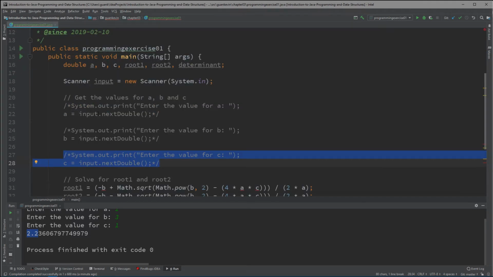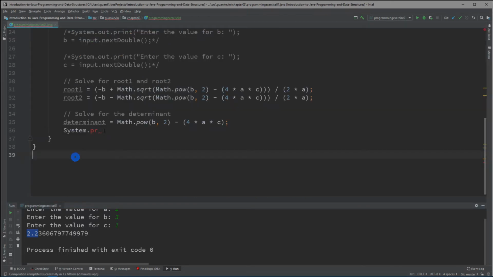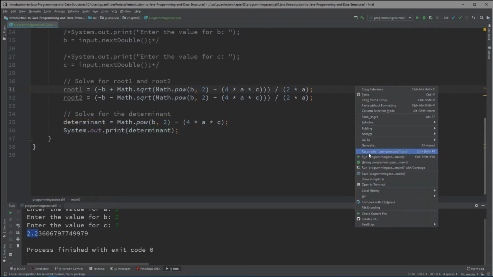And I'm going to say A equals 1, B equals 3, C equals 1, right? System.out.print determinant. All right, and let's run that.